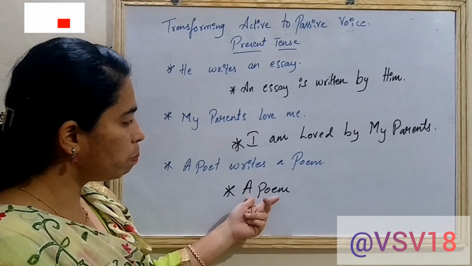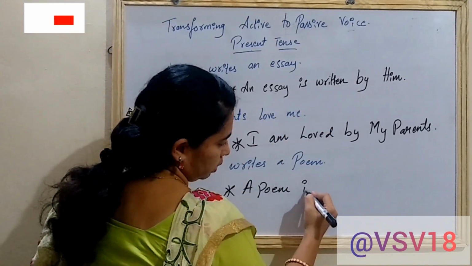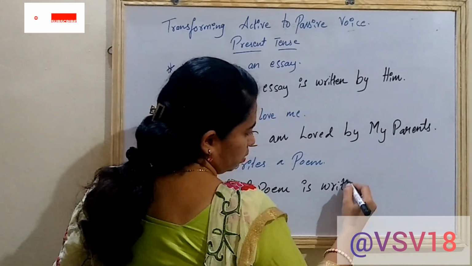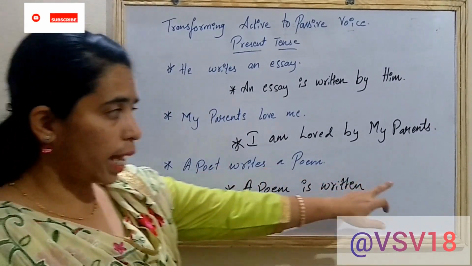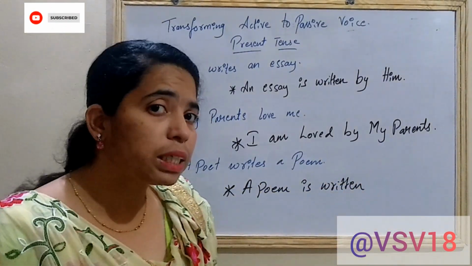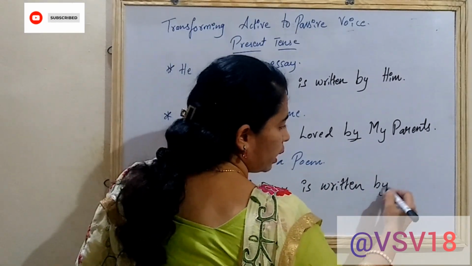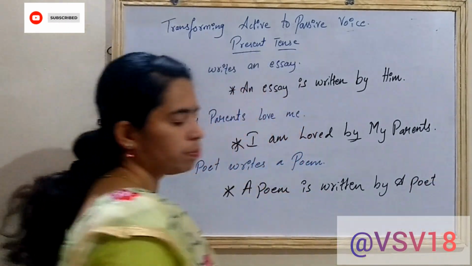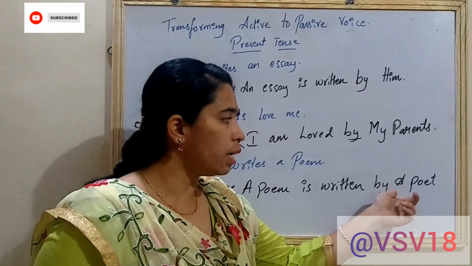So a poem, and as we use here is, writes will become written, and a poet will come as the object. But before the object, what should we use? We should use the medium by: by a poet. A poem is written by a poet.